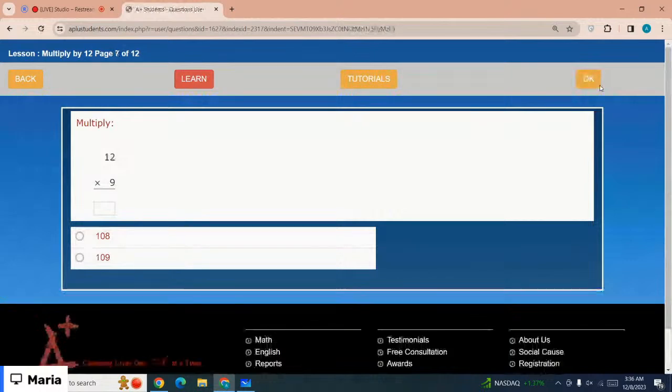The next one is 12 times 9. So which is the correct option? 180? 108 it is. 12 times 9 is 108, right?